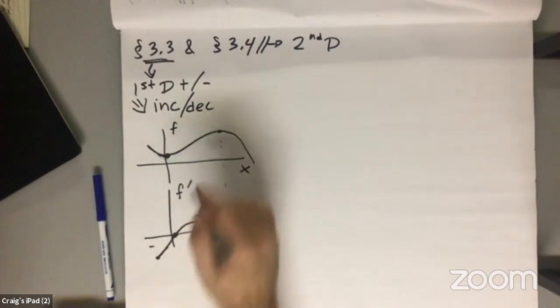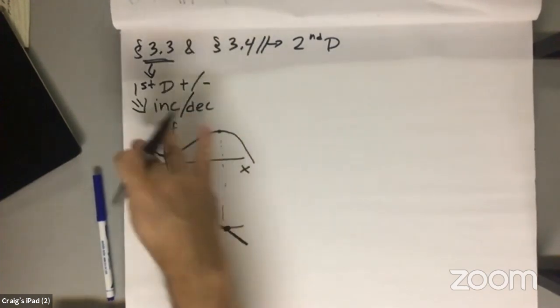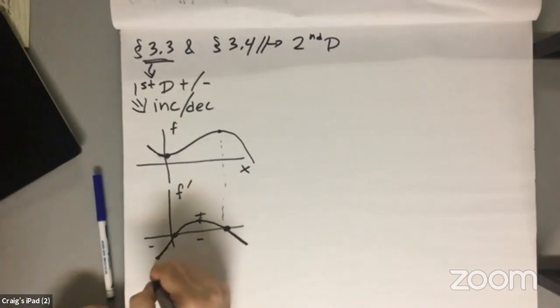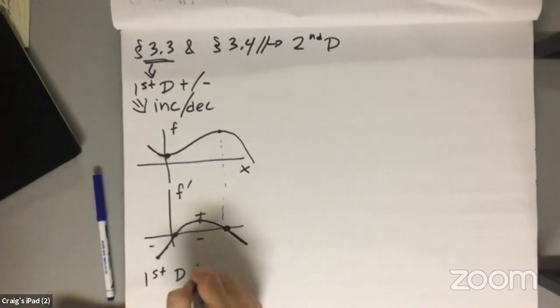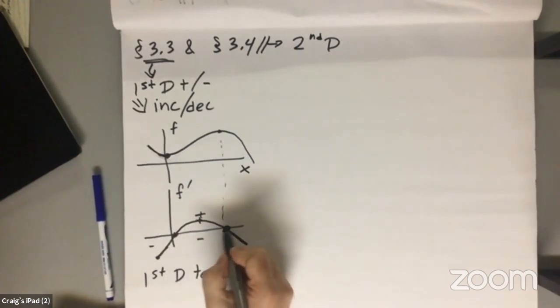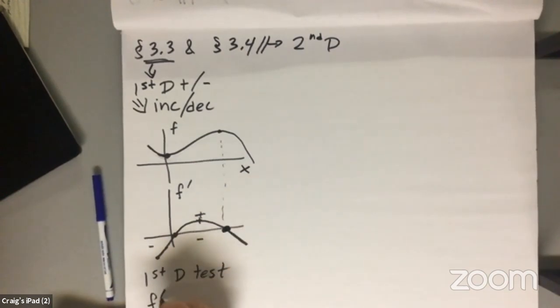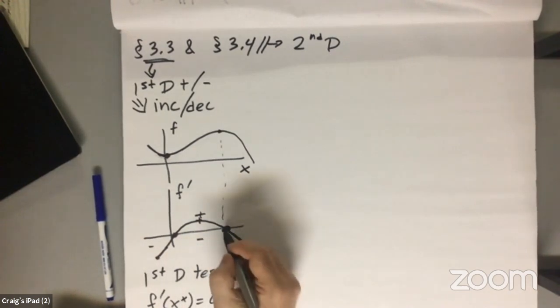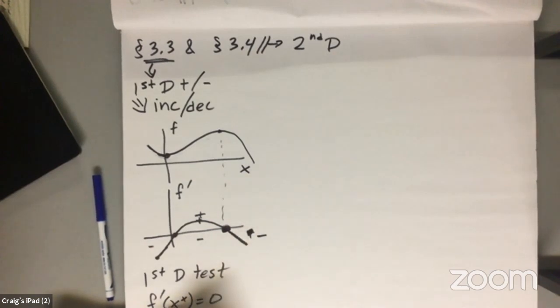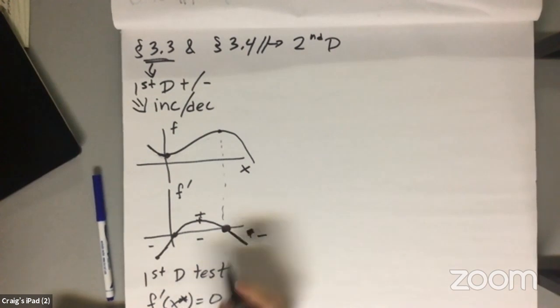And the first derivative, where it's positive and negative, tells us where the function is increasing and decreasing. That's very powerful. And that also leads to the first derivative test. A place where the first derivative equals 0, like this, that x star, that special x.